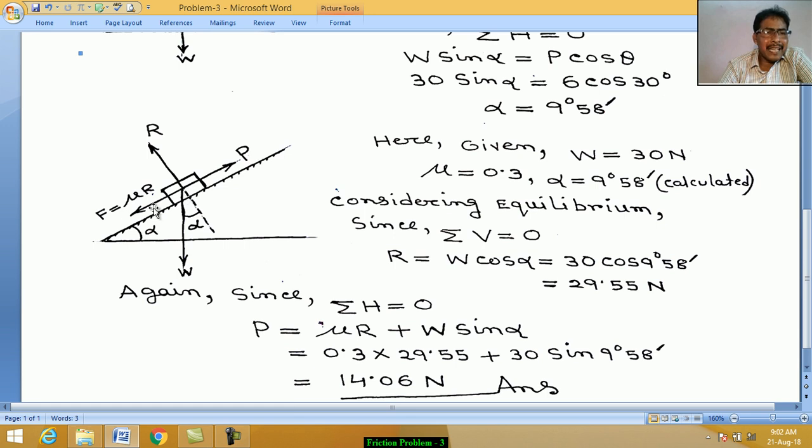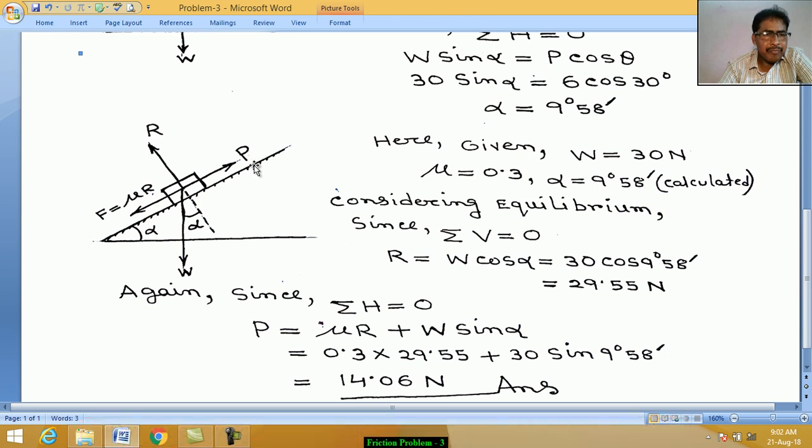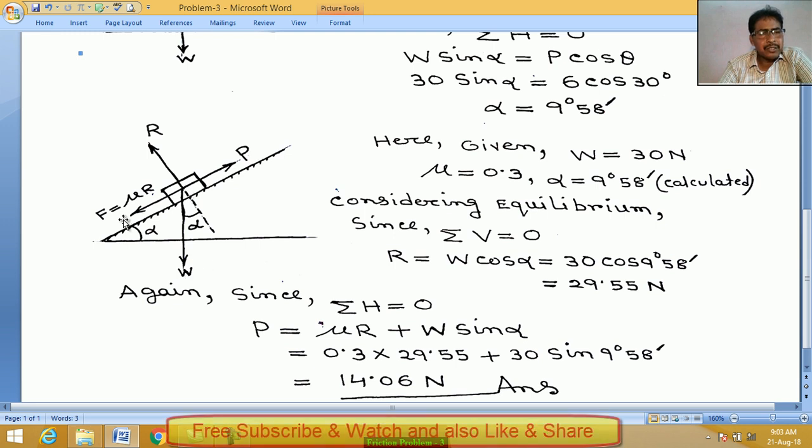Frictional force acts in this direction, F equal to mu R. R is the normal reaction perpendicular to the inclined plane. W always acts downward. We project this line. This is also alpha. Component of W in this direction, W cos alpha. Component of W in this direction, W sin alpha.